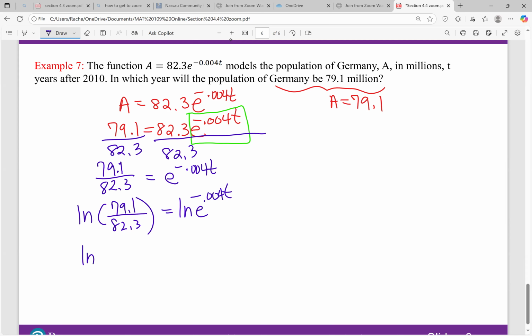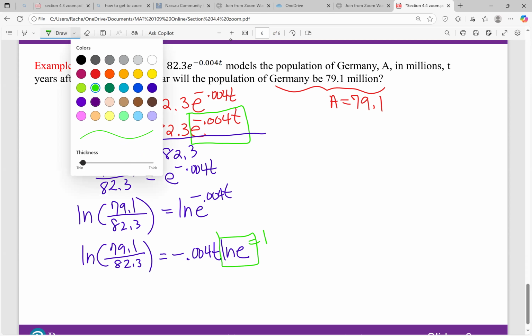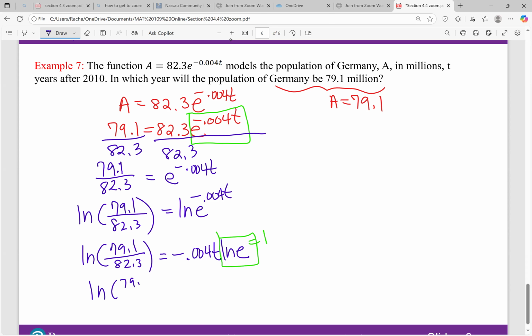So the natural log of 79.1 divided by 82.3 equals negative 0.004t times the natural log of e, right? So we bring that power to the front by multiplication. And we know that the natural log of e is equal to 1. So we have the natural log of 79.1 divided by 82.3 is equal to negative 0.004 times t.